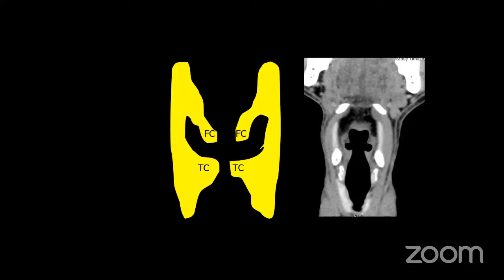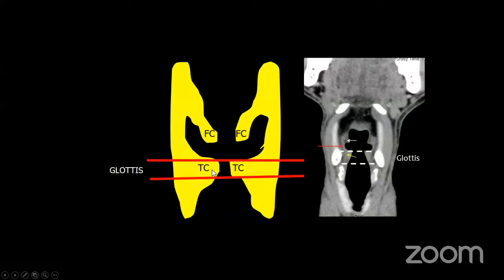The larynx is divided into three parts with three critical structures. The three critical structures here are the false vocal cords and the laryngeal ventricle, followed by the true vocal cords. Now, anything above the laryngeal ventricle is the supraglottis. The region of the true vocal cords is the glottis, and anything below the true cords is the subglottis.